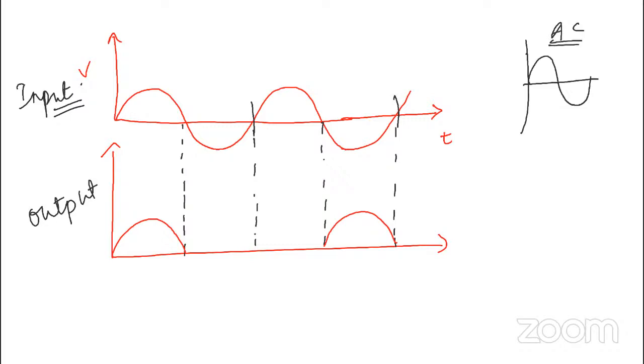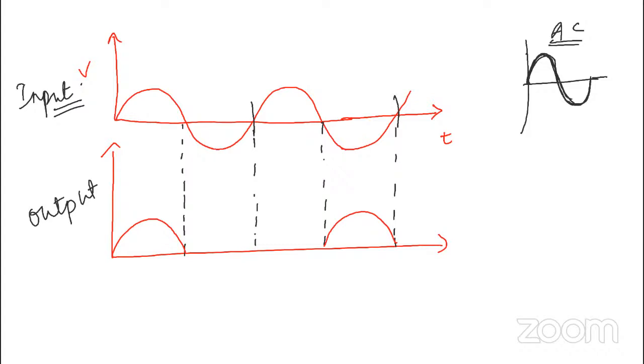In AC output, we represent the full waveform with one loop on top, crest and trough, one loop on top and one loop below. So this is the wave type in AC.